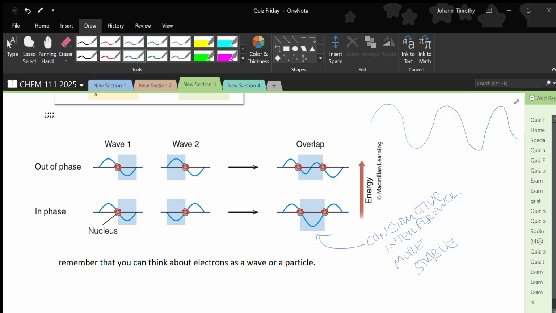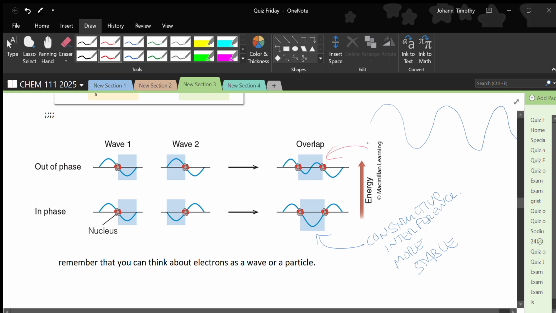But they are destructively interfering. And so it's less stable. Does that sort of make sense? At a one-dimensional level here.